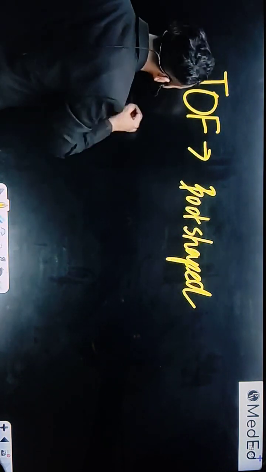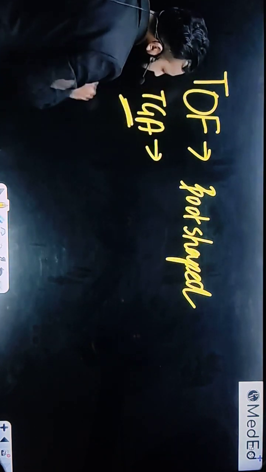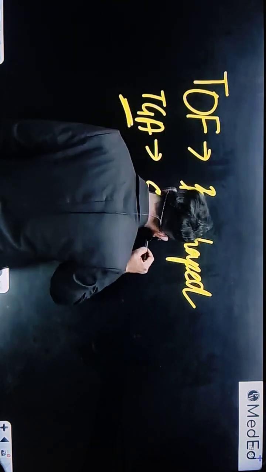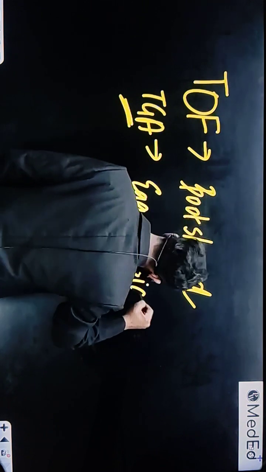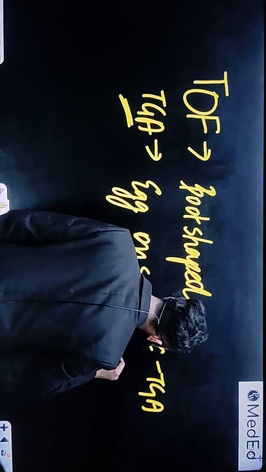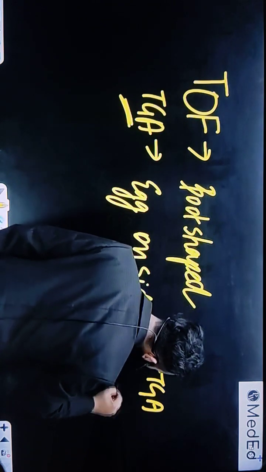MAPCAs is something that I told you which you guys might not be aware of. Okay? Then I told you about transposition of great arteries. In transposition of great arteries, I told you both about the corrected TGA and uncorrected TGA. Okay? So just remember that your corrected TGA will present in the adults.